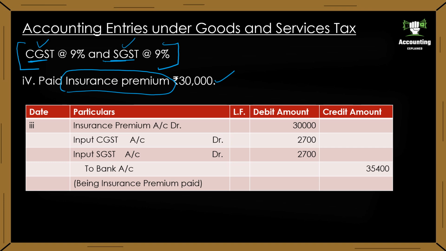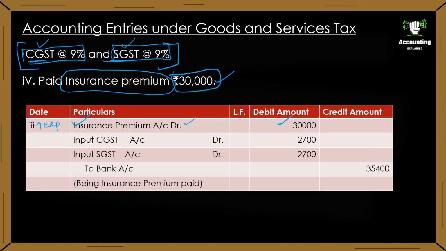Okay, let's do the journal entry now. When you pay insurance premium, it is increase in expense. When the expenses increase, what you have to do? You have to debit it with 30,000. Next, since it is within the state, we have to take CGST and SGST separately. This is for the payment.